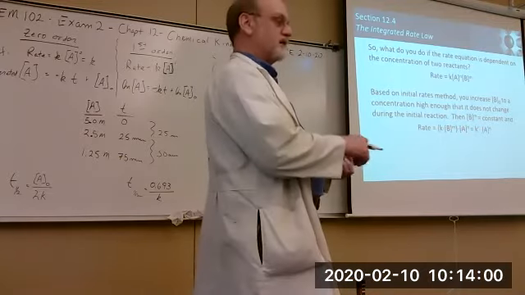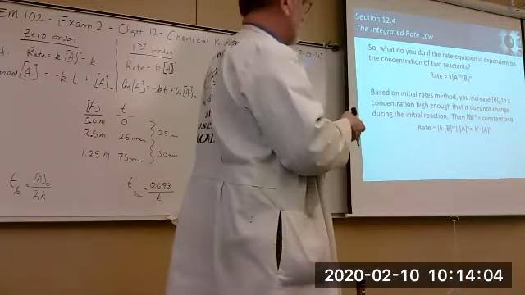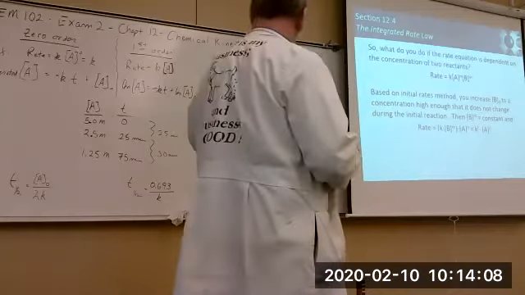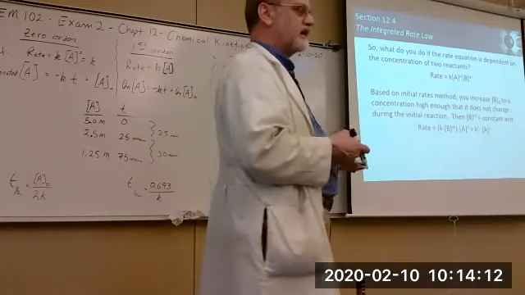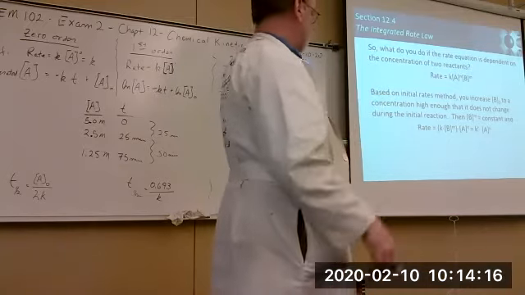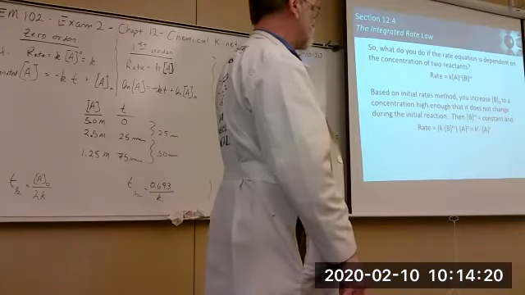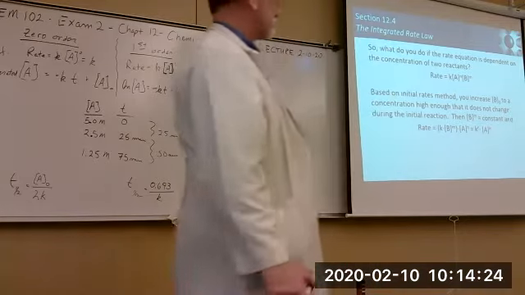We measure the disappearance of our blue or red dye, whichever one you choose, over time. Plot the data, plot the log of the data, plot the inverse of the data, and see which one is the straight line. And that will give you the order of the reaction with respect to the dye, or A.